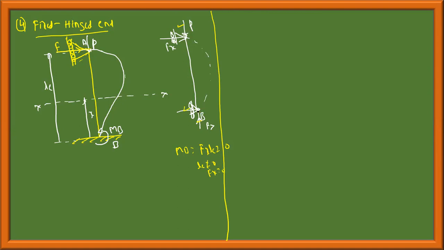When I take the moment about that point, that force cancels out, so it is as good as saying that there is no force acting on the column. But in case of this fixed and pinned end, due to the fixed end there will be a moment MB. In order to compensate for that moment, there will be a reaction force acting horizontally like this. Hope you can understand this. If you understood, I will go ahead.